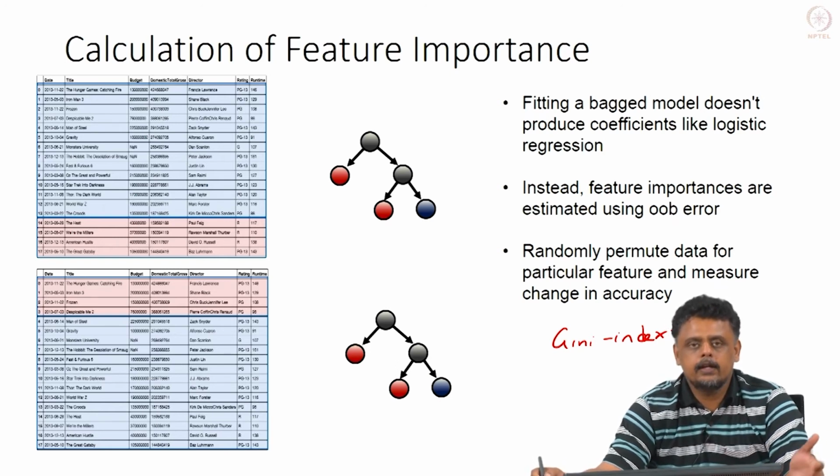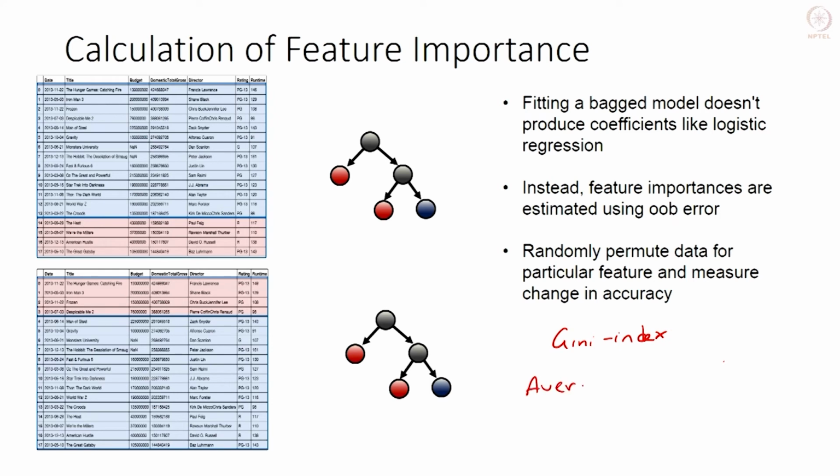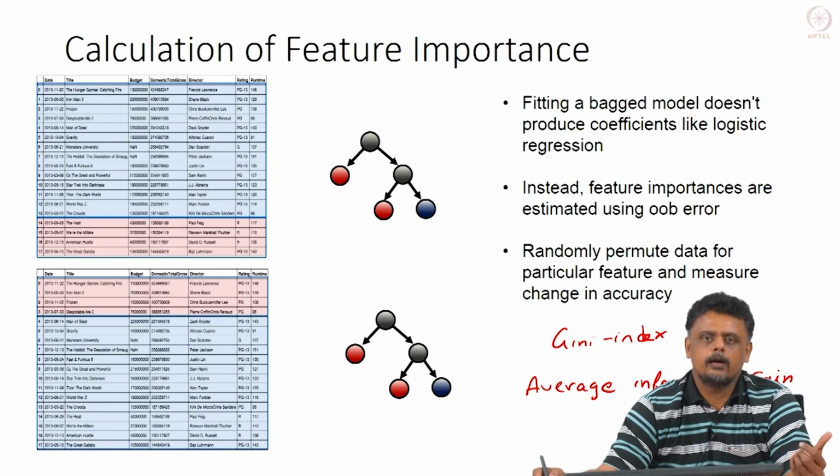Here again we do something similar to what we did earlier for calculating the out of bag error. We look at the average information gain over all the trees for that particular feature, and that gives you an idea of whether that feature is very important or not.